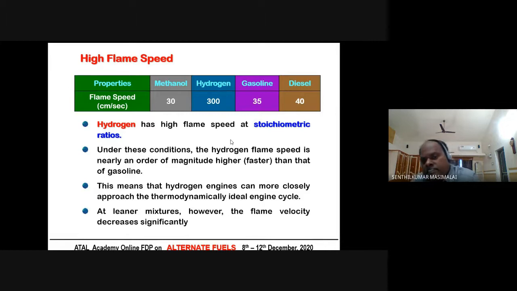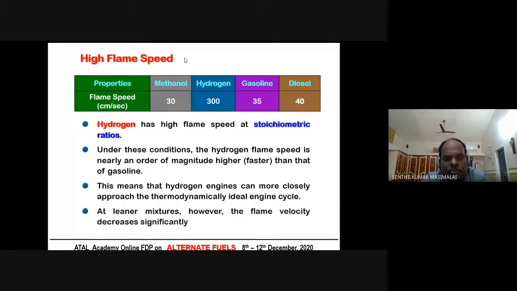I will discuss more about that in the forthcoming slides. So the advantage of the flame speed is that you can get close to Otto cycle combustion. But generally speaking, in any spark ignition engine, achieving constant volume combustion is very difficult.